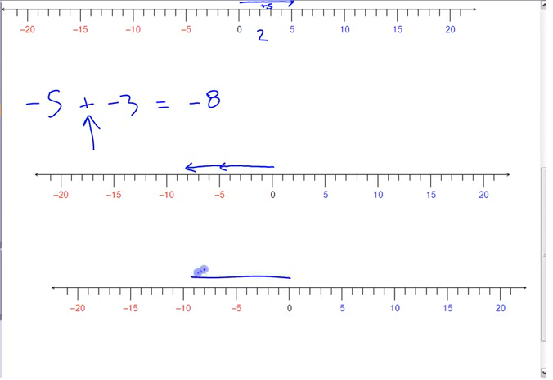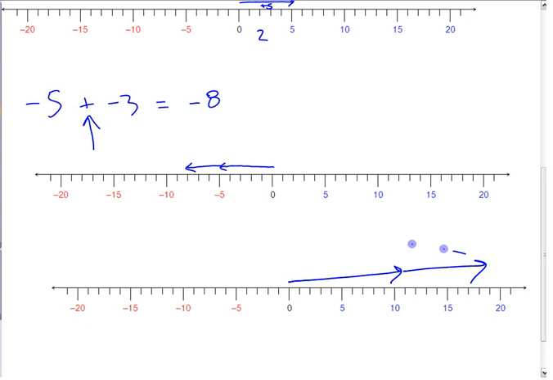Or you can go backwards both times. Sometimes it's tricky because you could go back less than you go up, or you could go back more than you go up, depending, right? If you add 2 positive numbers, if I add 2 positives, where am I always going to be? Positive. You are, right? How come you're always going to be positive?